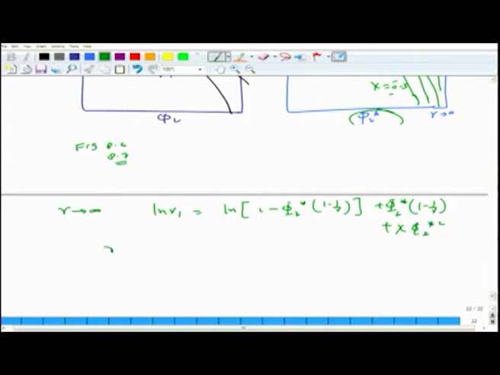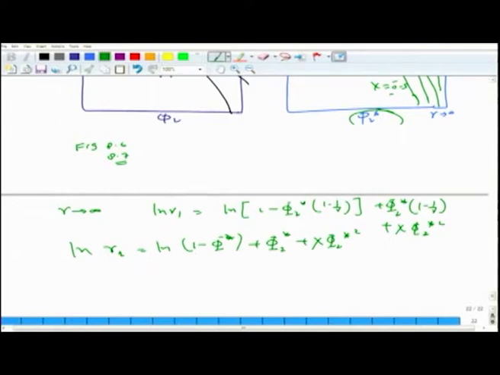In this case r is infinity, then you have ln gamma 1 is ln of 1 minus phi 2 star plus phi 2 plus chi phi 2 star squared.